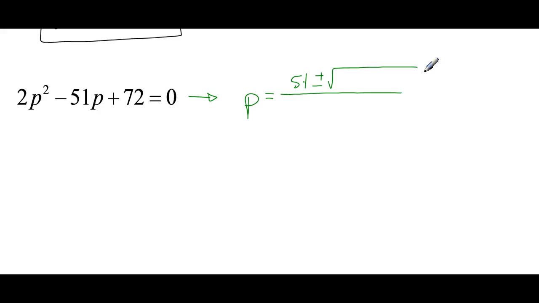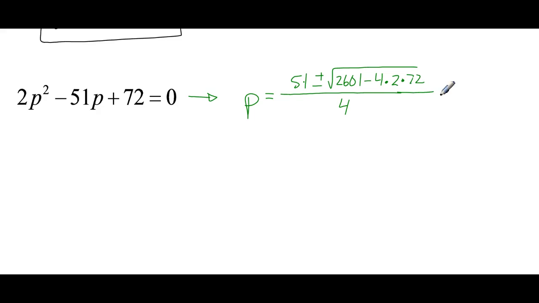I don't know what 51 squared is, but I press buttons and I discover that 51 squared is 2,601. Minus 4 times a times c, and yeah, I'm going to be doing that stuff on a calculator here in a second. There's no way I'm going to be able to figure that out in my head. All over 2a.